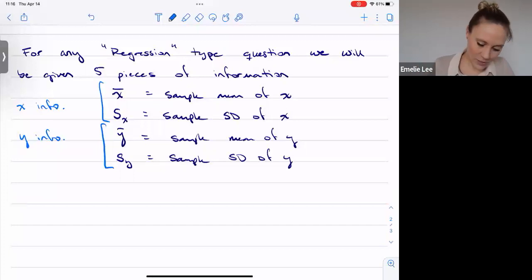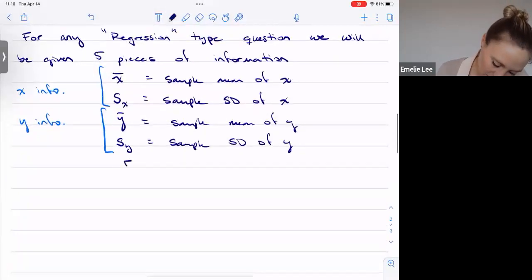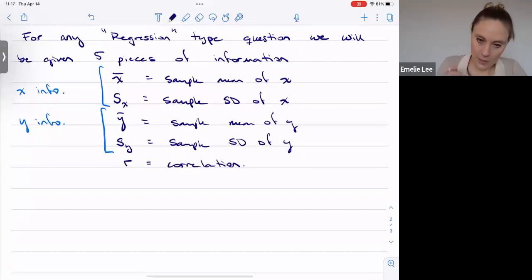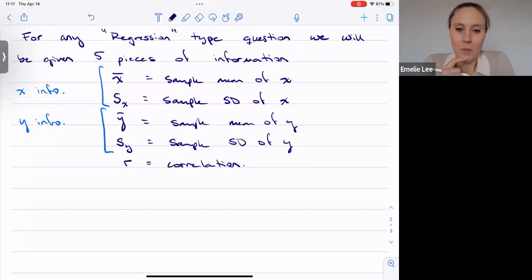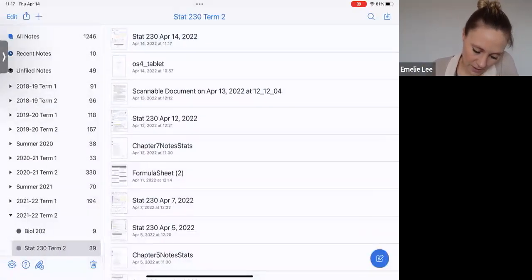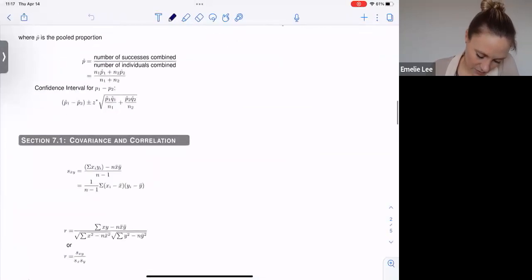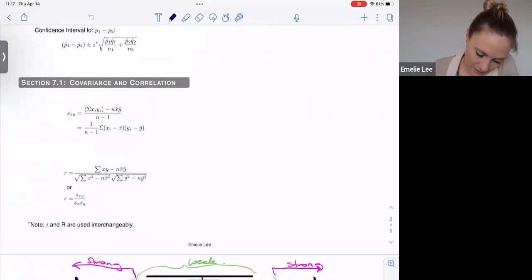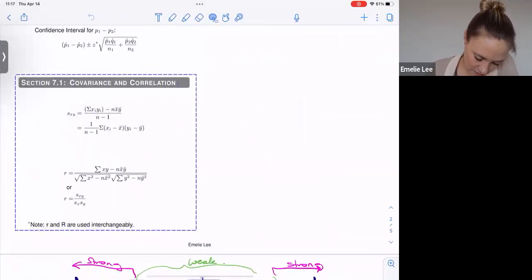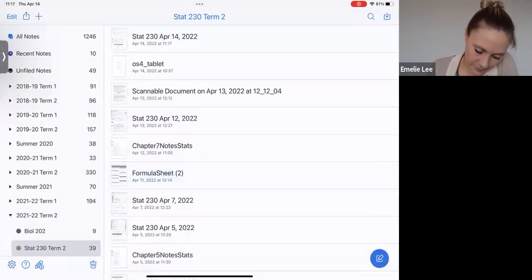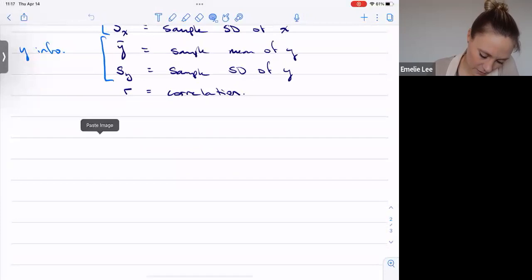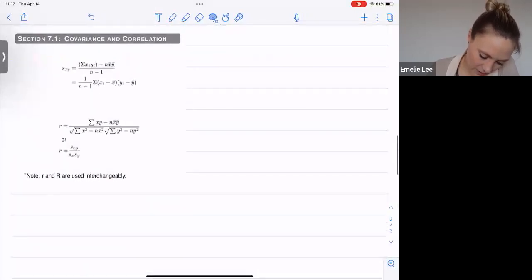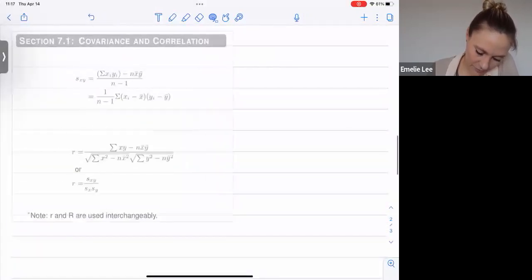Okay, but we said 5 pieces of information, and the final piece of the information is the correlation. Okay, and it might be given to you in different ways. Okay, and I'm just going to grab it just in case I didn't last day. The correlation can be found a couple of ways.